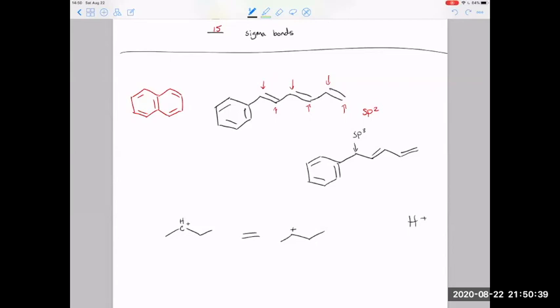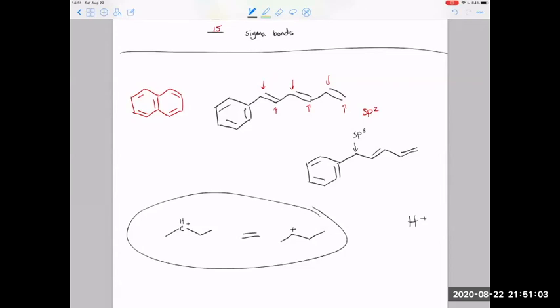But it is important to note that these two are different representations of the exact same molecule. Okay, and in that example, which is a good example, is there any resonance there? It doesn't look like there is.